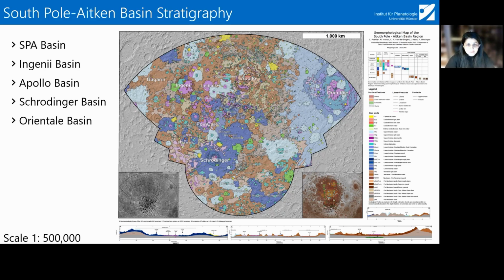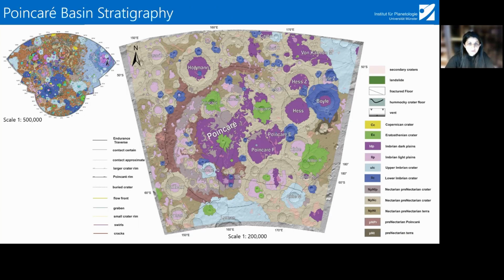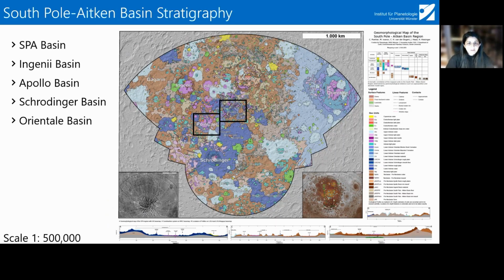And next slide, please. One slide back, please. Yeah, here. Two regions are not used as stratigraphic markers but have a lot of important information related to formation processes: the region around Poincaré Basin and the region around Bhabha and Bose craters.